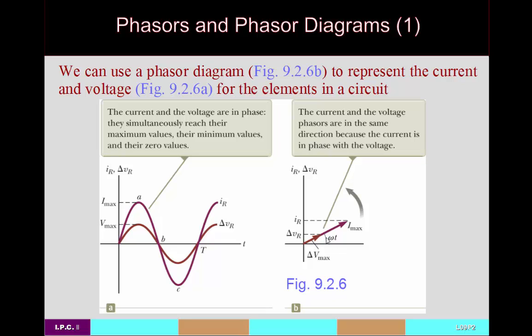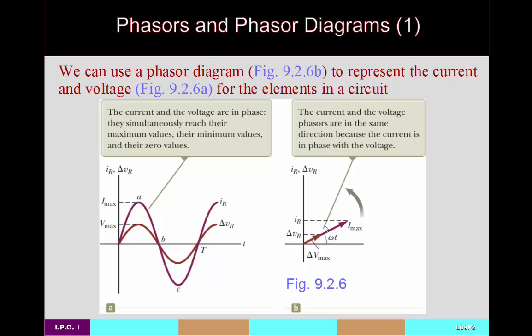Notice that the angle it makes with this axis is given by omega t. This assumes that initially the voltage and the current are zero, so both point in the x direction. The angle through which this rotates, theta, should equal the angular speed times the time.